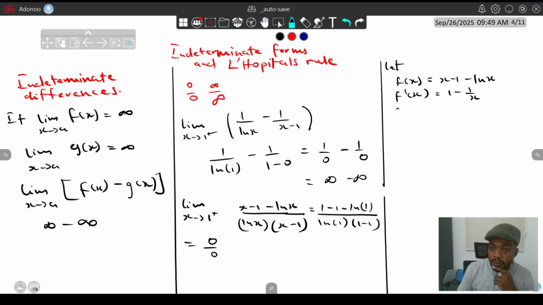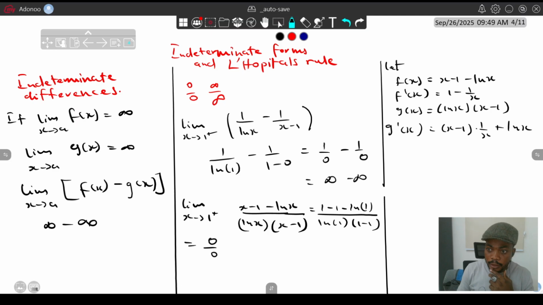So we have g of x to also be equal to ln x times x minus 1. And if you apply the product rule here, we end up having g prime of x as x minus 1 times 1 over x plus ln x.